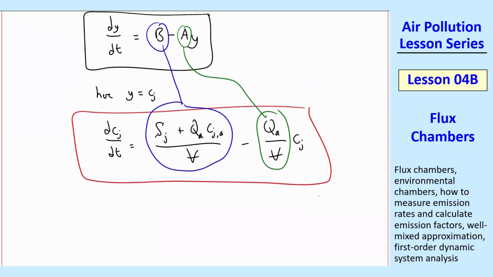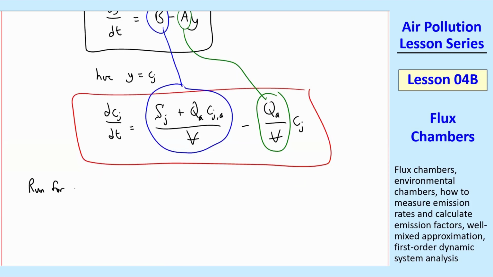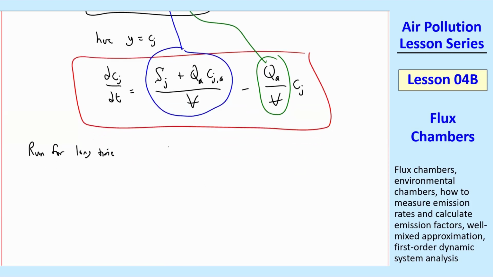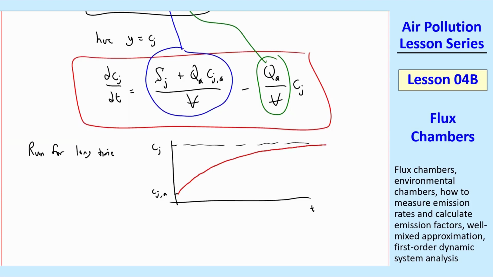Once we have b and a, then we're in pretty good shape, because if we let this run for a long time, we reach a steady state. Typically, if you're measuring CJ as a function of time, you start at the ambient because nothing has happened yet. Then this will slowly rise exponentially and asymptote to some value, which we're going to call CJ,SS for steady state.